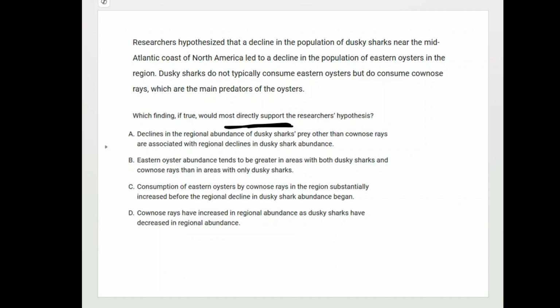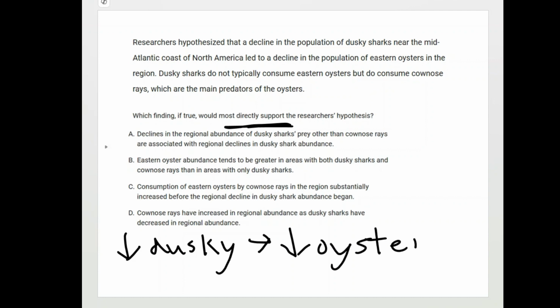So let's create some if-then relationships. So researchers hypothesized that down in dusky sharks led to a decrease in oysters. But it says here that sharks do not typically consume the oysters, so it's not a direct relationship, but it says they do consume the cow-nosed rays.